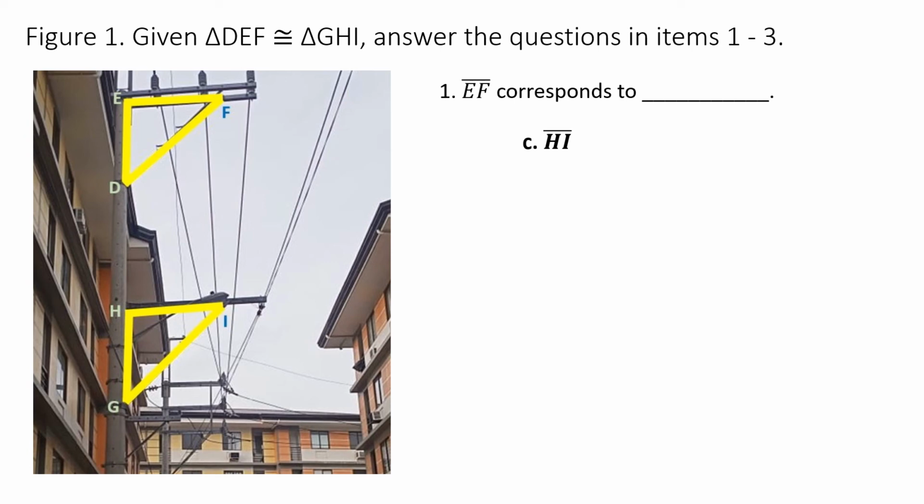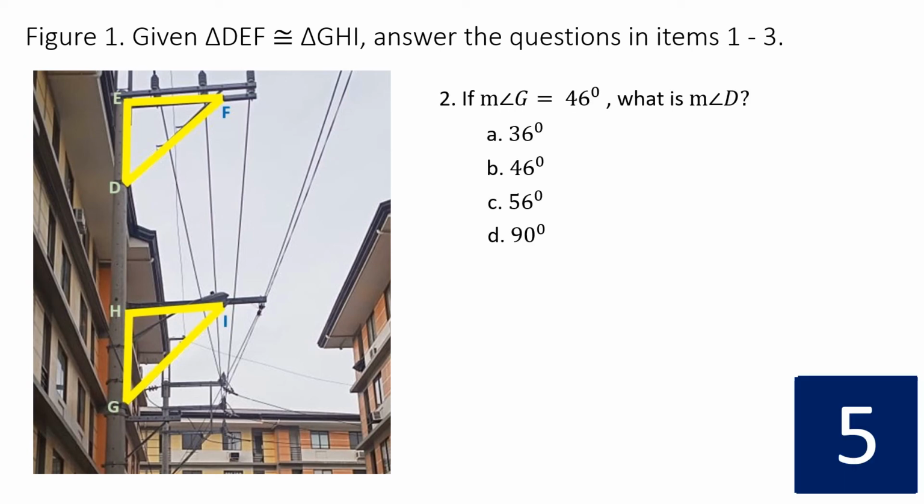Number 2. If the measure of angle G is equal to 46 degrees, what is the measurement of angle D? A. 36 degrees, B. 46 degrees, C. 56 degrees, or D. 90 degrees. Your 5 seconds starts now.